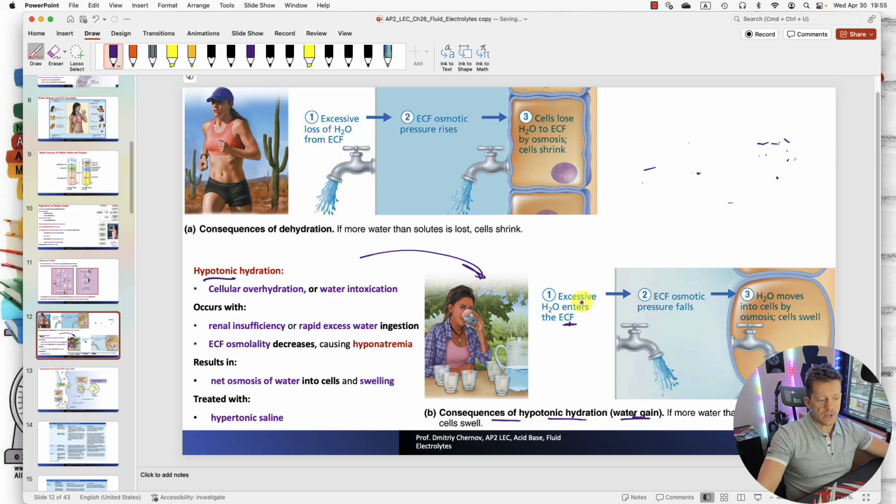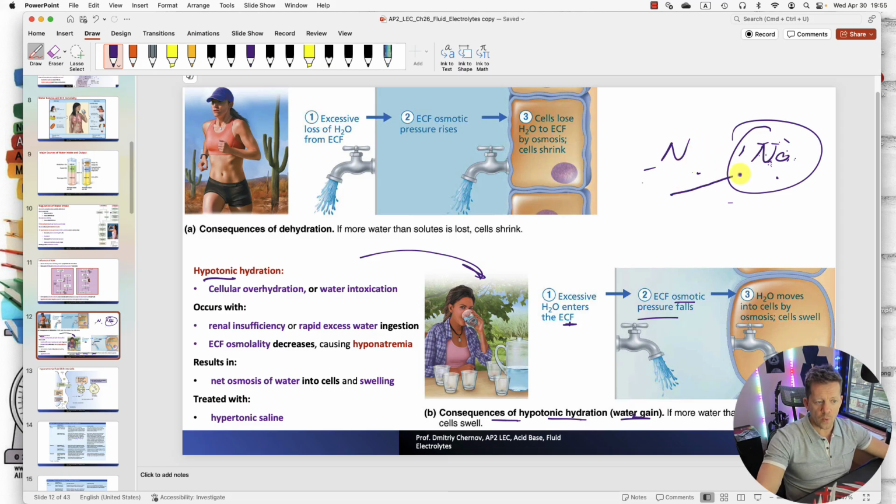So in this example, the excessive water enters extracellular fluid, and now in extracellular fluid, osmotic pressure falls, right? Because of the dilution. Now there's a high concentration of solutes inside of the cell. Not necessarily sodium, but different types of solutes.